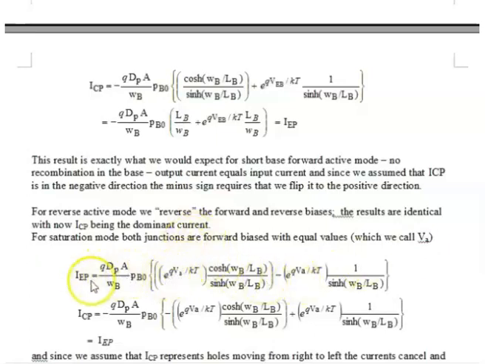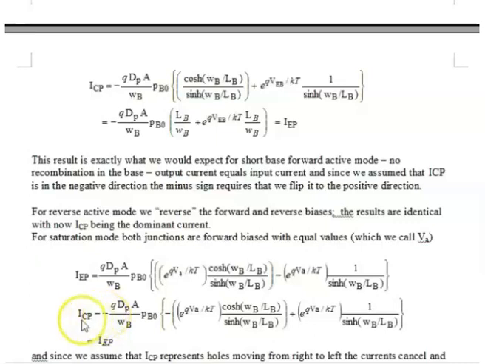So now I write the general expression with equal biases at the emitter-base junction and at the base-collector junction, and this is what we have here. So IEP is precisely equal to ICP, but the minus sign stays the same.